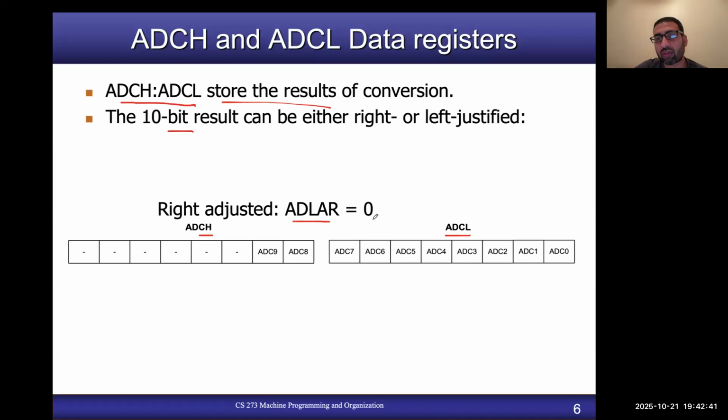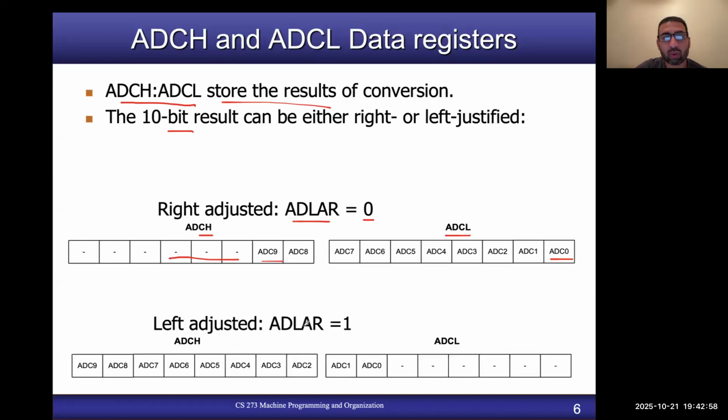If you set the value of this bit equal to 0, you are saying that the result is right adjusted, and the result will appear as shown in this figure from ADC0 to ADC9, and the upper 6 bits of ADCH will be unused. But if you set ADLAR equal to 1, you are saying to make the result left adjusted, which means that the least significant 6 bits of ADCL will not be used, and the result will be held in the 2 bits of ADCL and 8 bits of ADCH. Any questions?